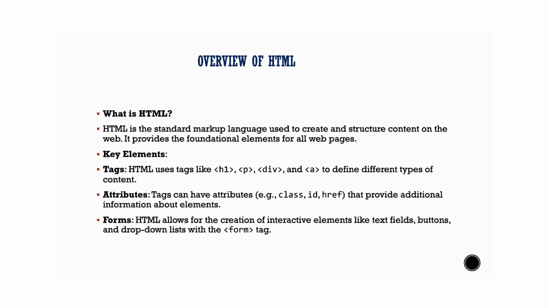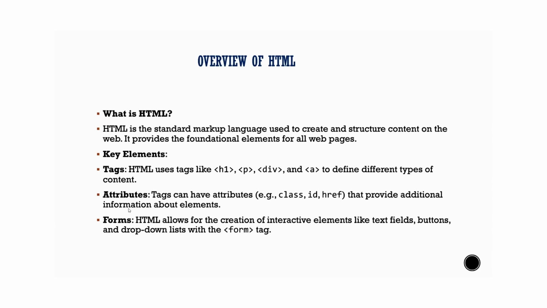Key elements like tags. HTML uses tags to define elements. For example, H1 is used for headings, P for paragraphs, div for divisions or sections, and A for links to define different types of content.